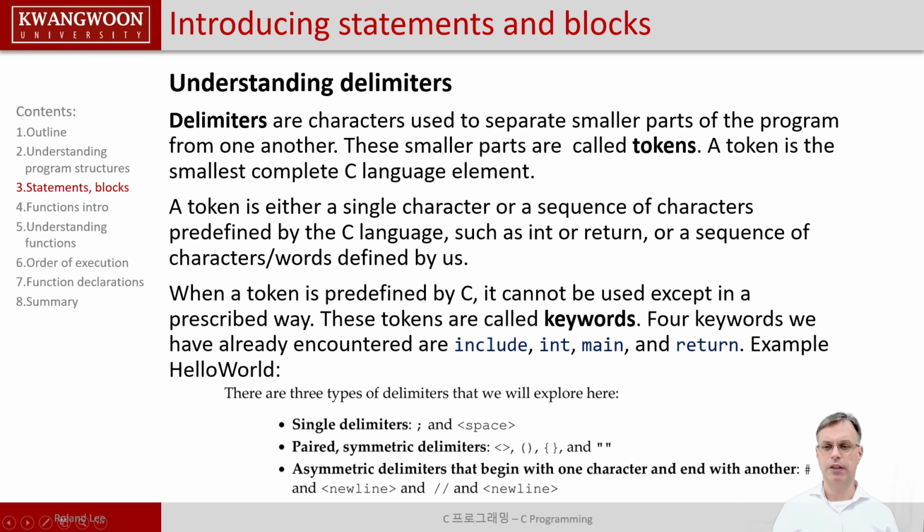Now there are three types of delimiters that we will explore here. Single delimiters, such as backslash, semicolon, or space. Paired symmetric delimiters, which you see here. Asymmetric delimiters that begin with one character and end with another one.